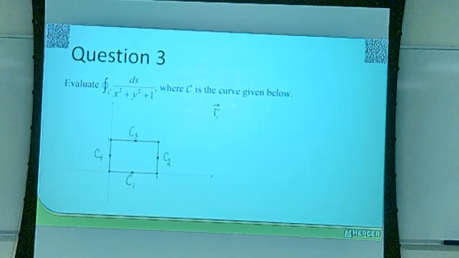R1. Well, that's just the horizontal line from 0 to 1, right? At 0. Yeah. Right, so y is 0.